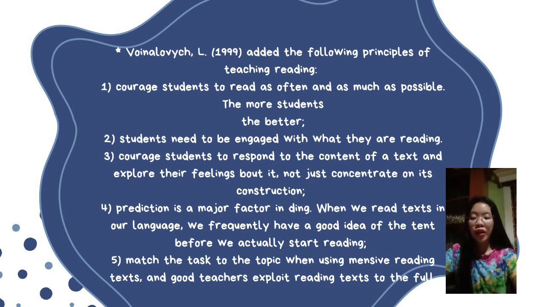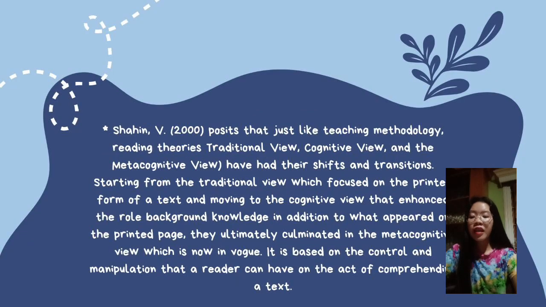Number five is match the task to the topic when using intensive reading text, and good teachers exploit reading text to the full. When giving a task or activity, it should be related to the topic or to the reading materials we provide to them.